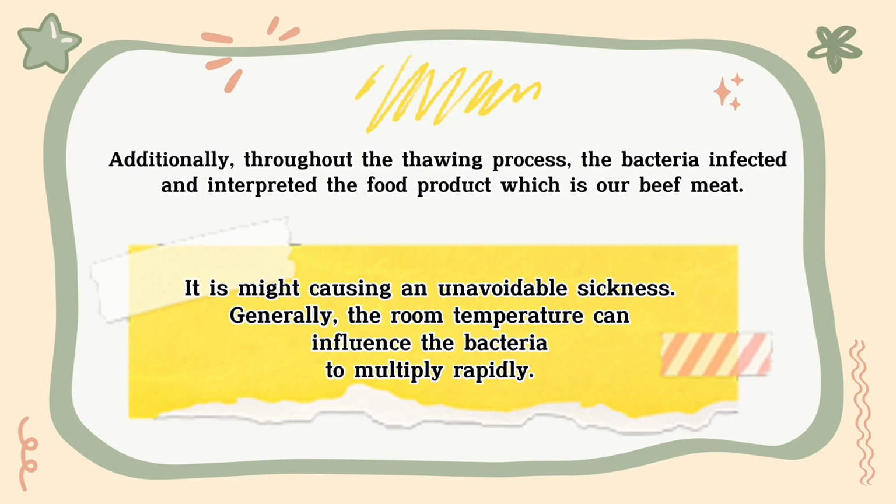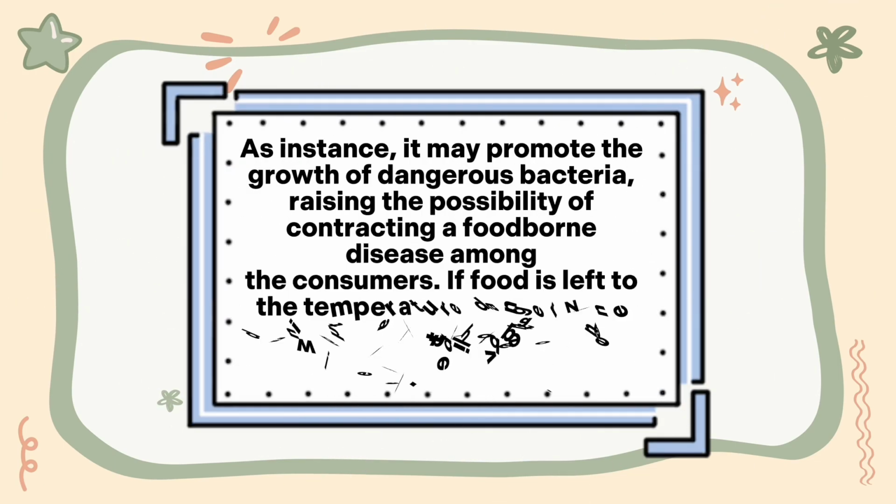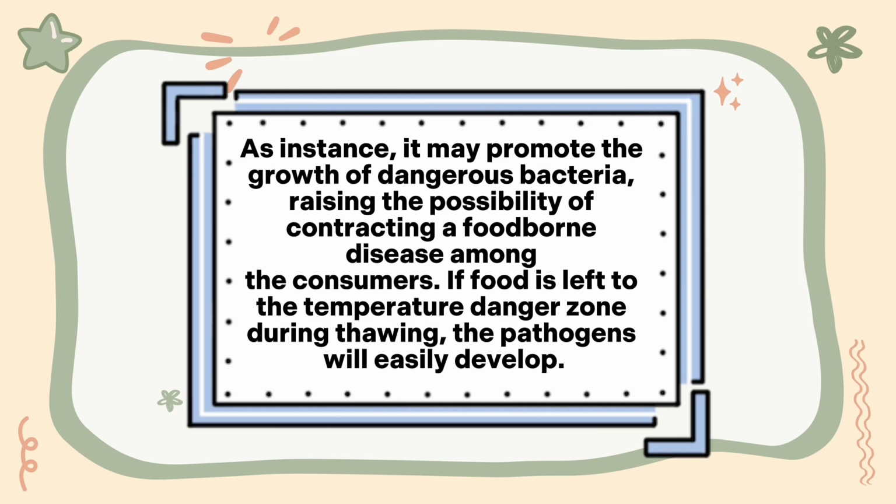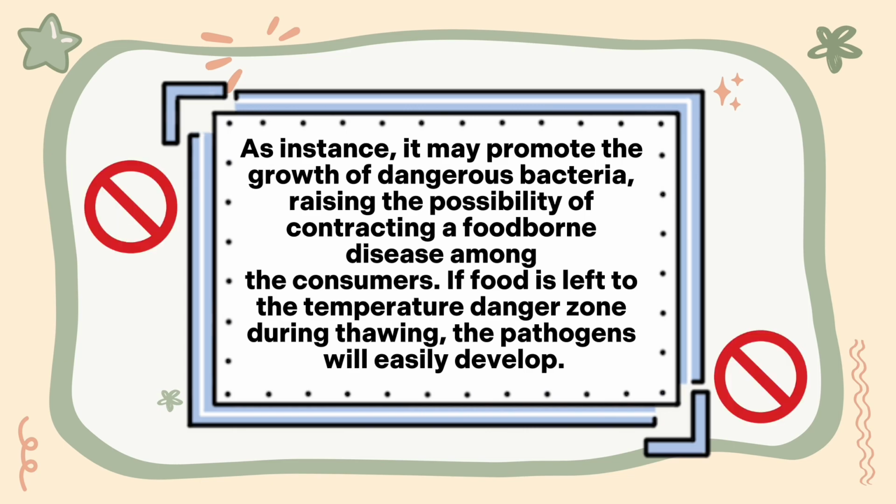Generally, room temperature can influence bacteria to multiply rapidly. For instance, it may promote the growth of dangerous bacteria, raising the possibility of contracting a foodborne disease among consumers if food is left in the temperature danger zone. During thawing, pathogens will easily develop.